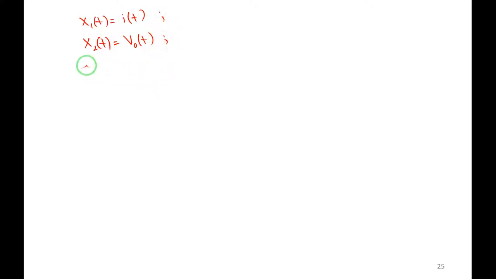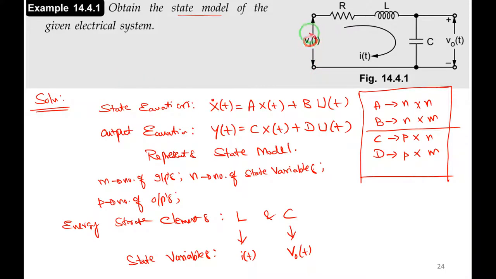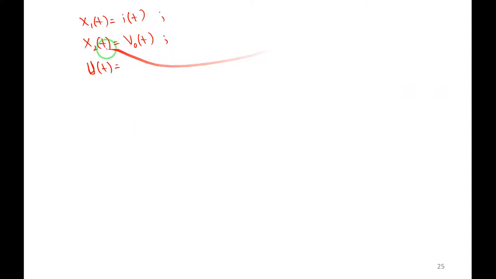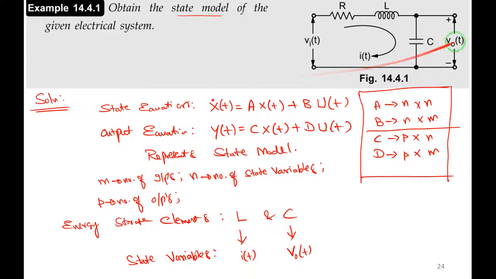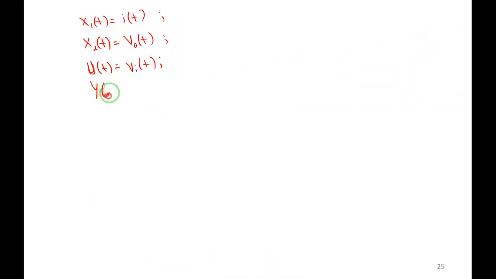Then what is the input? u(t) is the input, and here u(t) is vi(t). And what is the output? y(t) is nothing but v0(t). So these two are the state variables, this is the input, and this is the output.